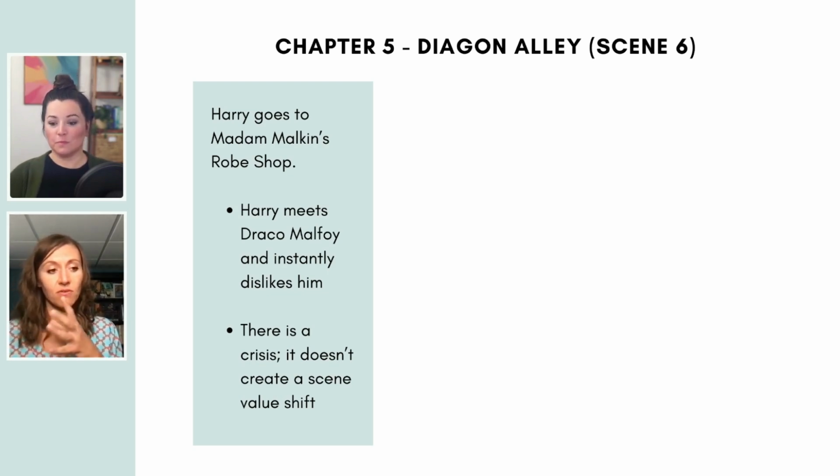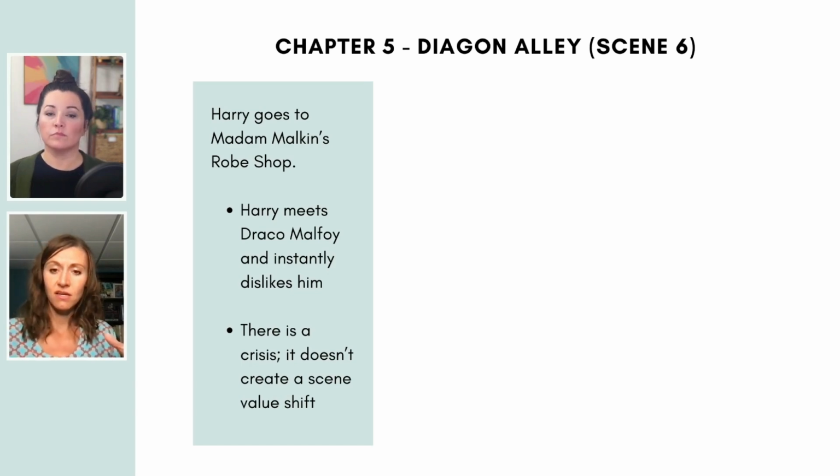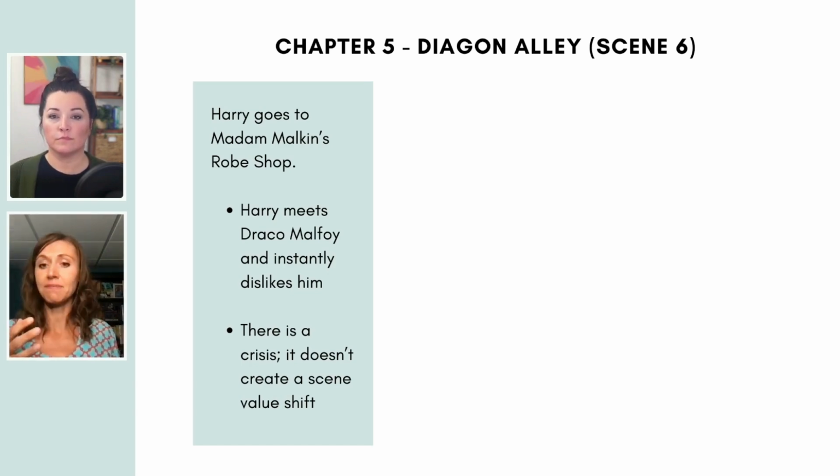And what I think is, when you go into the crisis for this scene in particular, yes, there is a crisis, but like you're saying, it doesn't necessarily create the value shift. Harry is so instinctive in defending Hagrid that while there are consequences to making enemies with Draco or not, they're not really existing in this moment, in the Diagon Alley scene as a whole, the way that they are later when he defines Draco as his enemy by his choice.